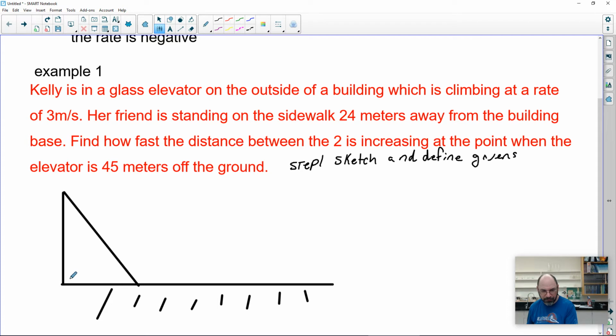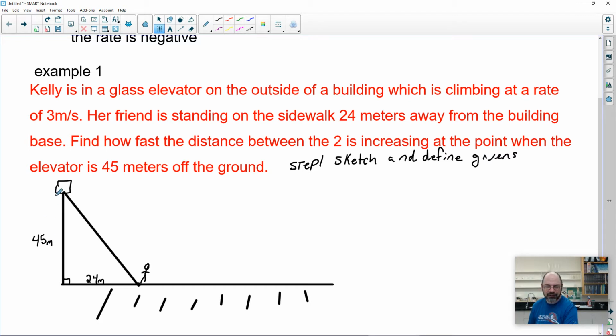Here we have the building, and here we have the elevator, and then her friend is here. I don't know why I have her standing on her head. The friend is there, and we're looking at that point on the ground. And we know that this is 24 meters away from the base. And then this is 45 meters here.